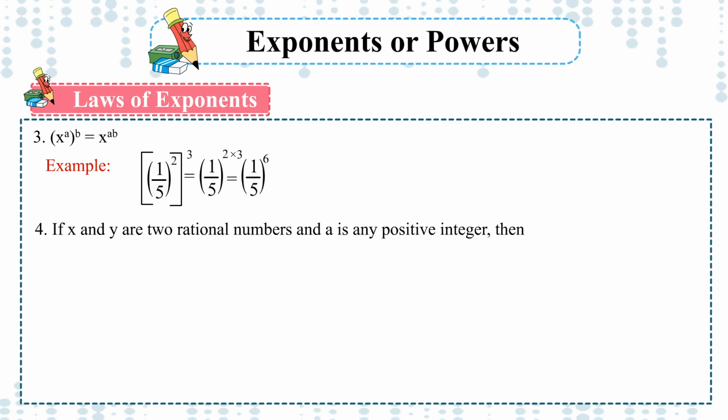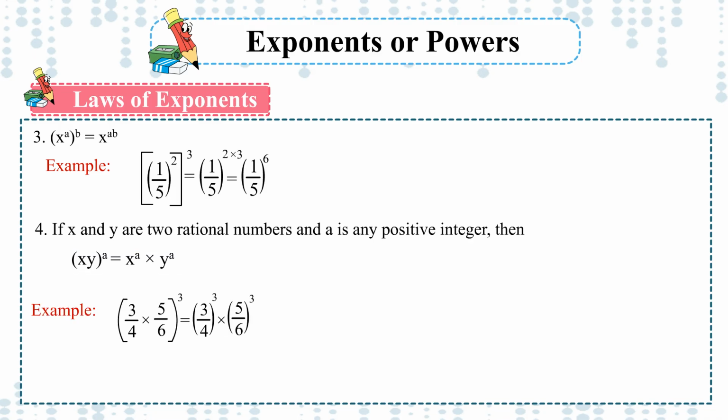4. If x and y are two rational numbers and a is any positive integer, then xy raised to the power a is equal to x raised to the power a multiplied by y raised to the power a.